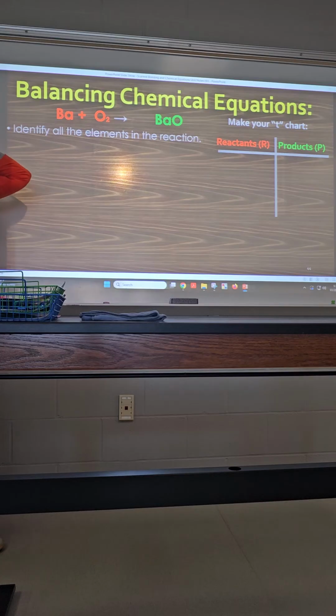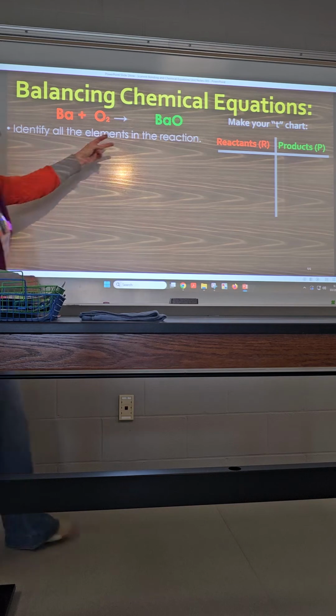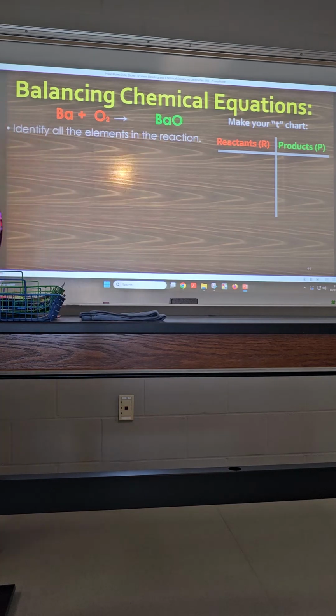You can just tell me the abbreviations. Yeah, so we see barium and oxygen, and we see the same 2 things here. So we see Ba and O. Those are going to be our elements.